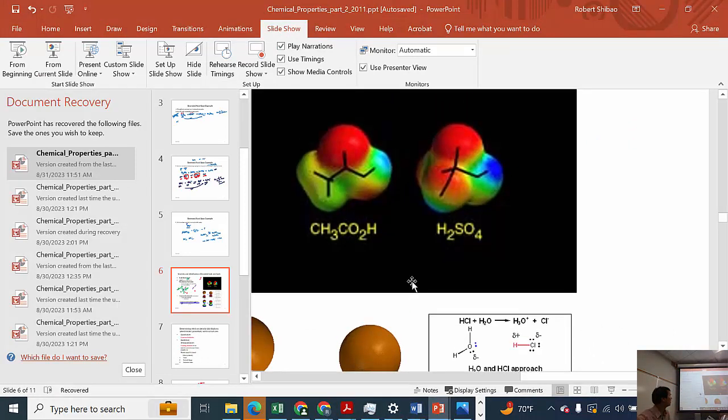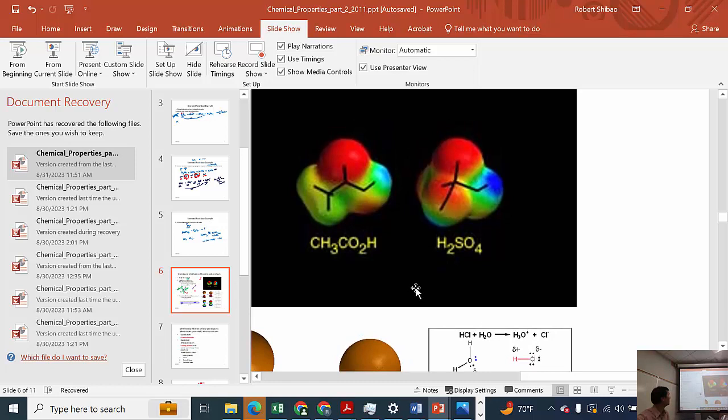Do you guys remember the color code? Red is positive or negative? Negative, and blue is positive. The more positive it is, the more acidic it is, right? So let's say you're a base, you're hydroxide. If you're hydroxide, what do you want?